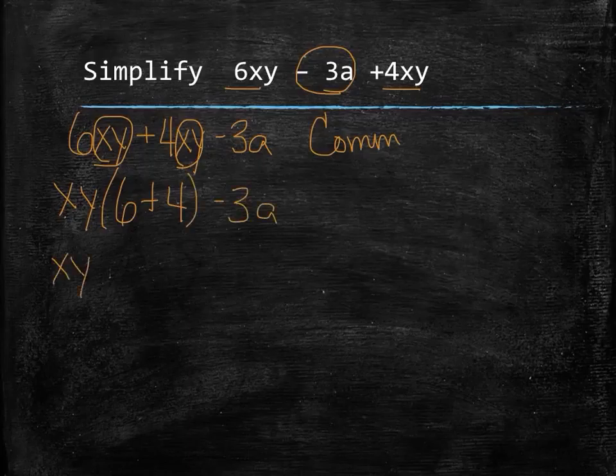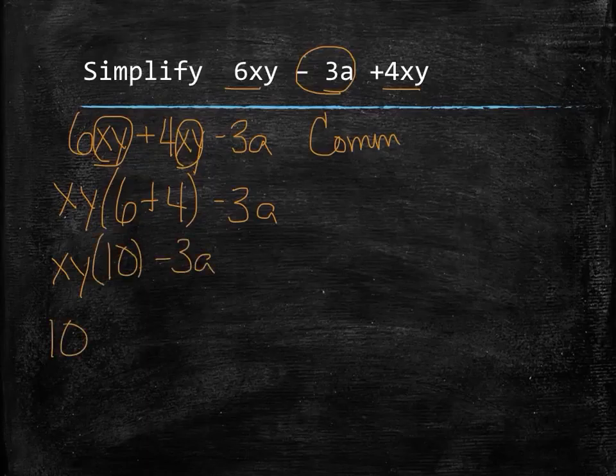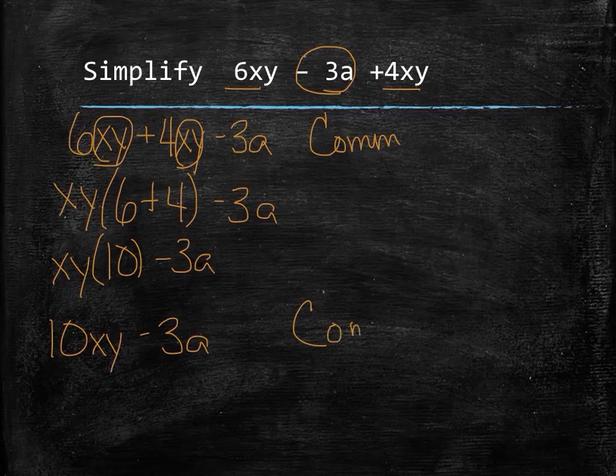That gives me xy times 10 minus 3a, or 10xy minus 3a. Here I used the commutative property. So hopefully you're seeing, as long as my x's and my y's match, I have like terms, and then I can either add or subtract those coefficients.